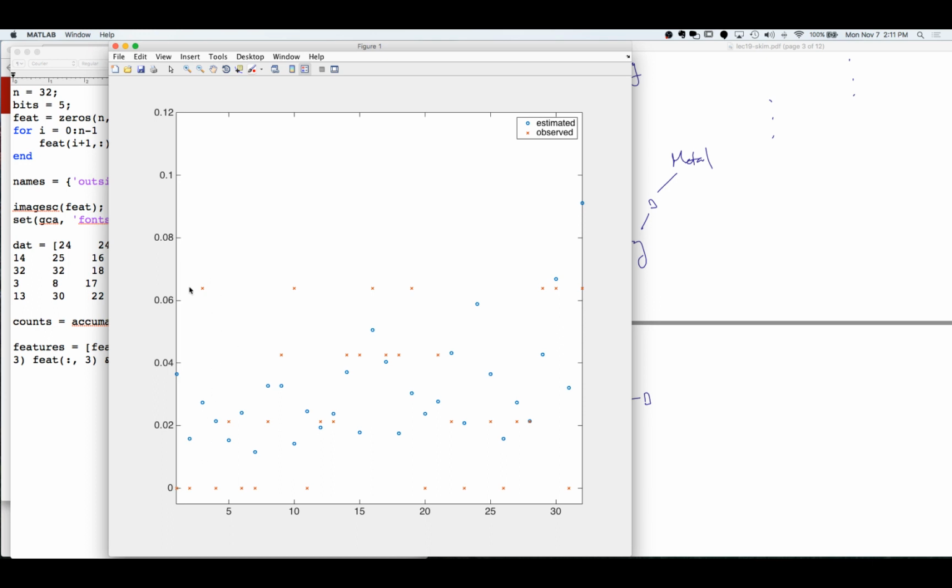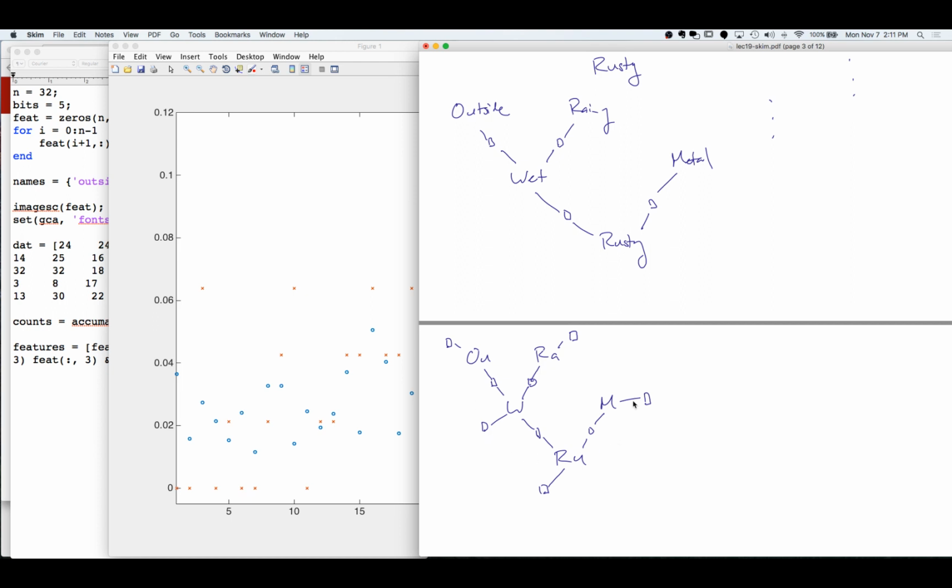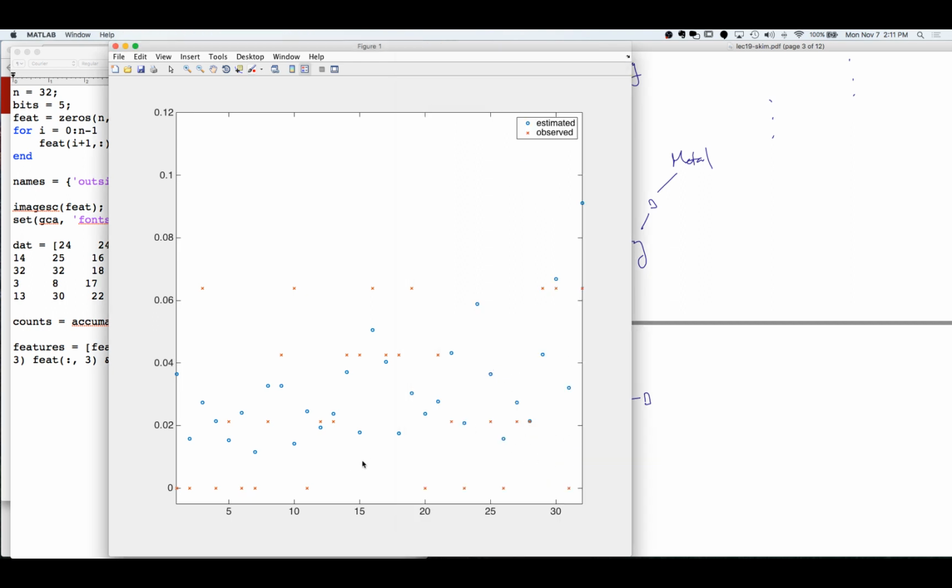And then the blue dots are the fits to these. And so I've run code to do a maxent fit with a model of this shape. And I got a result, which you can see is moderately close to the observed counts. So for example, in places where there are no counts, like this one, the estimated probability is lower, and in places where there are a lot of counts, like this one, the estimated probability is higher. All right?